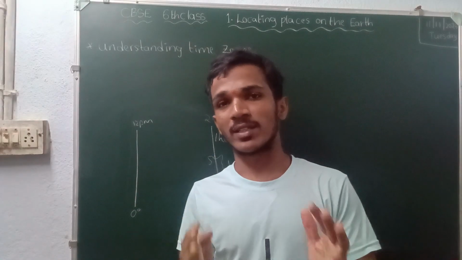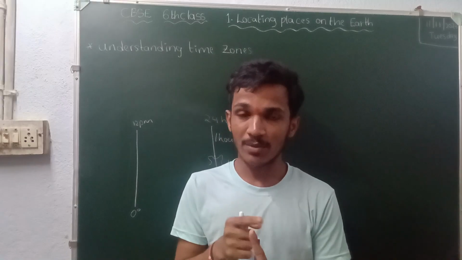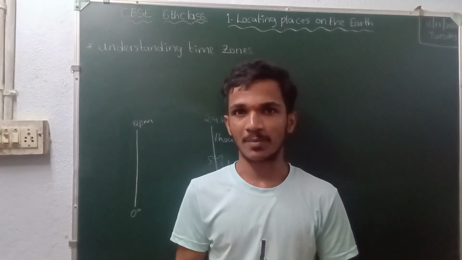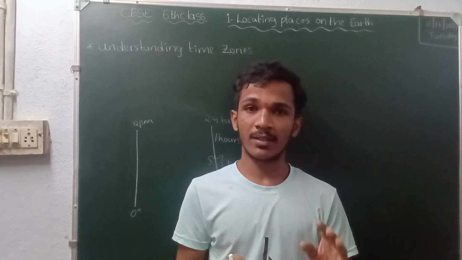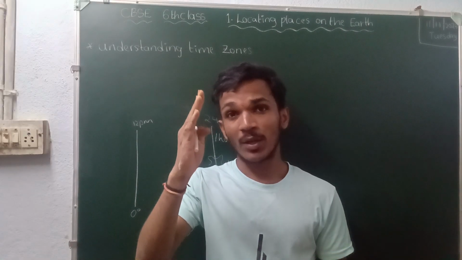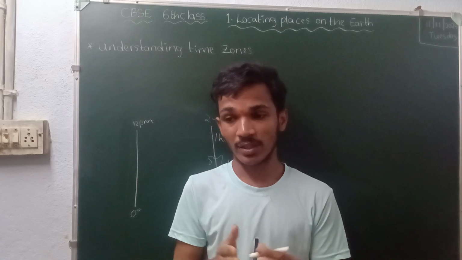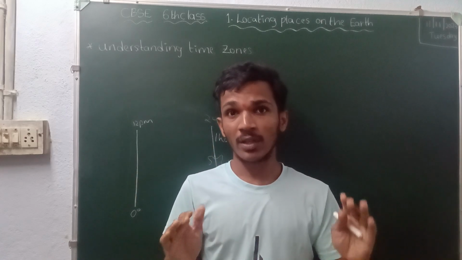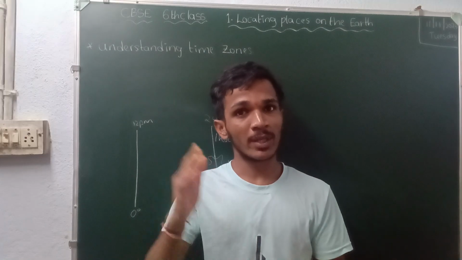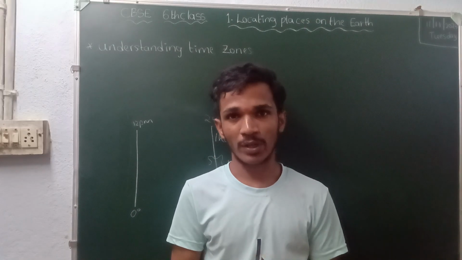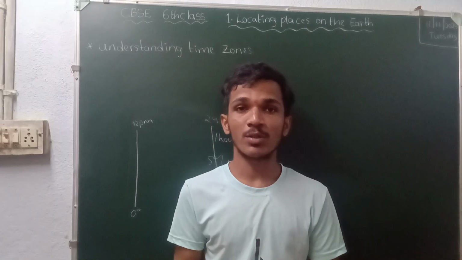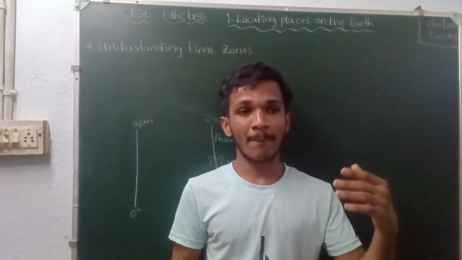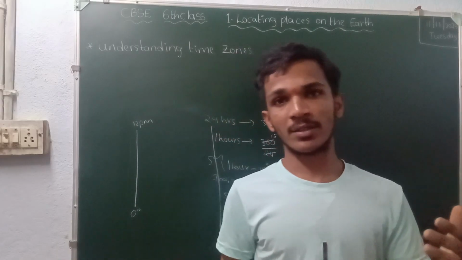Finally, what I want to tell is that based on the Greenwich meridian, we calculate the time. And again, based on the longitudes, if one country's border is huge, there will be a greater number of longitudes, so the time difference will also be more.